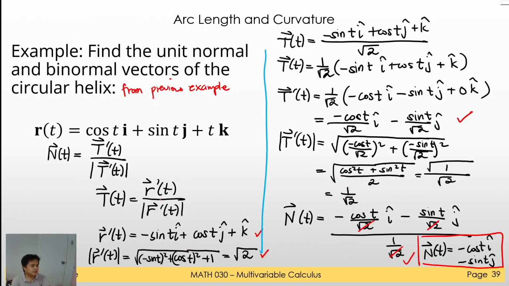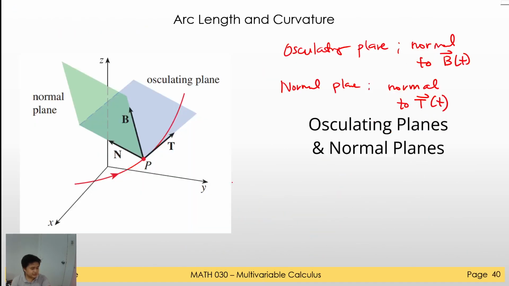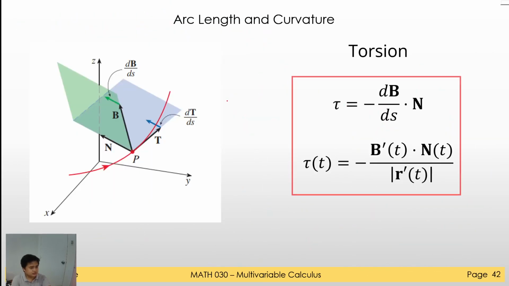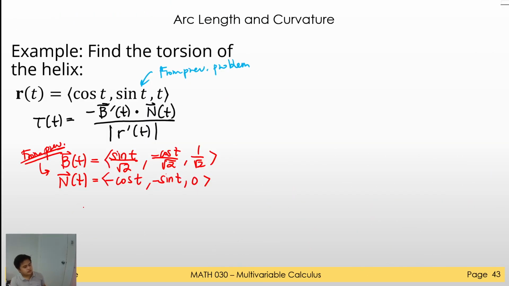And then r prime of t is negative sine t, cos t, 1. This is your r prime of t. So we already have these as our givens.